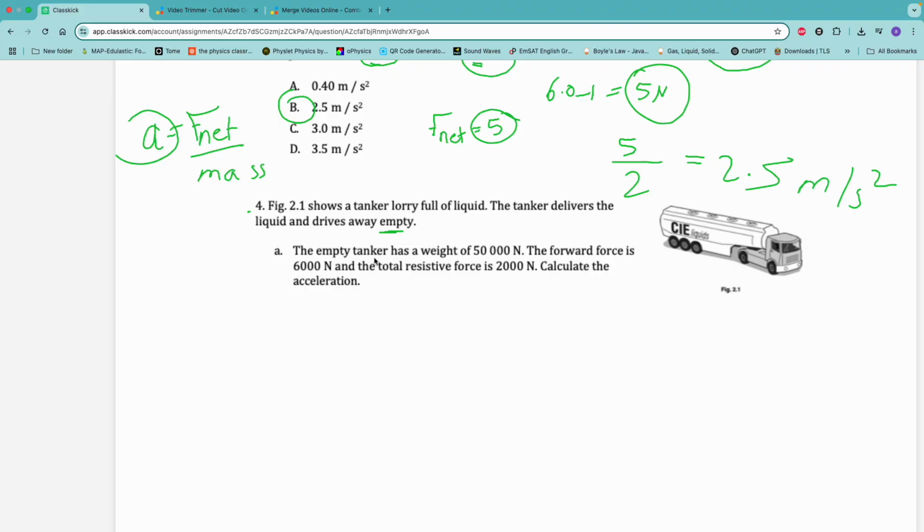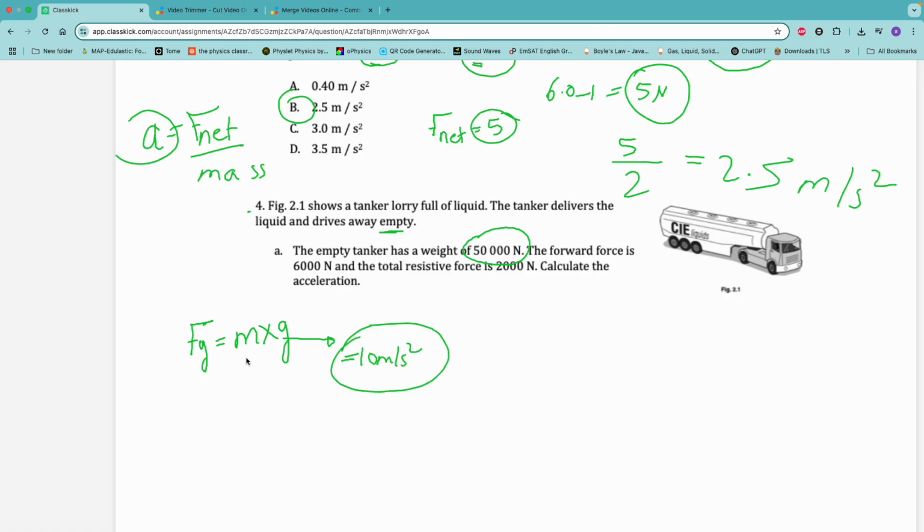The empty tanker has a weight of, so just a quick reminder, what is weight? Weight is gravitational force, which can be calculated by m times g. What is g? It's acceleration due to gravity, which is equal to 10 meter per second squared, always on Earth's surface.